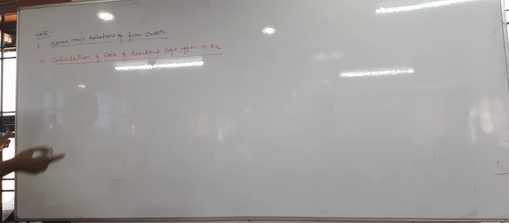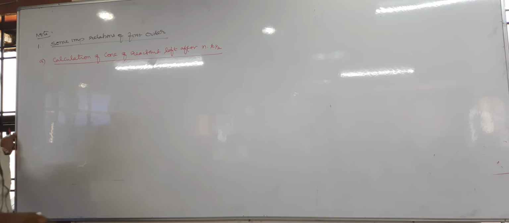So you can use the formula K equal to 2.303 by T log R naught by R, or K equal to 0.693 by T half. By using these two formulas you can get it, but you can get it in a very simple, very short way. How?